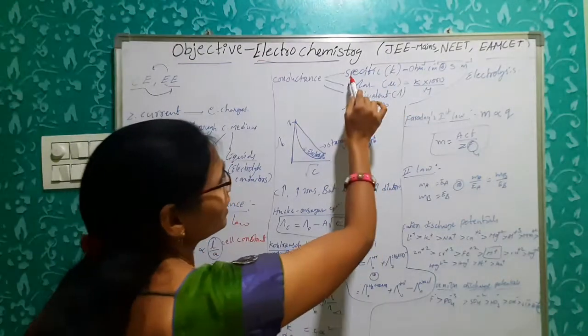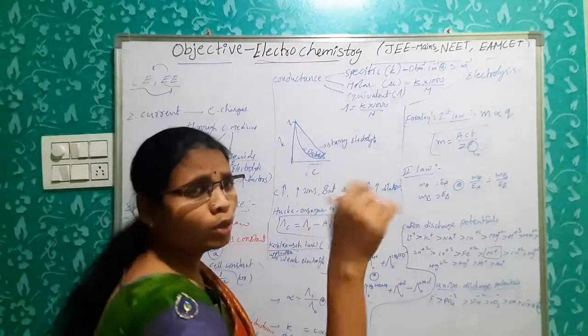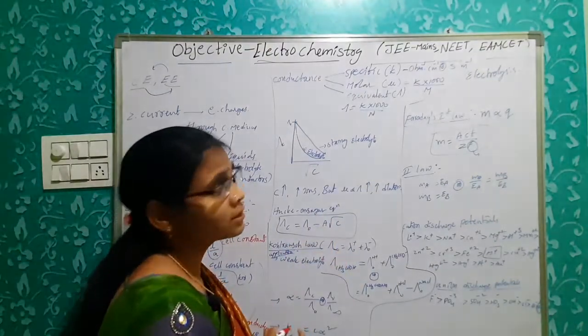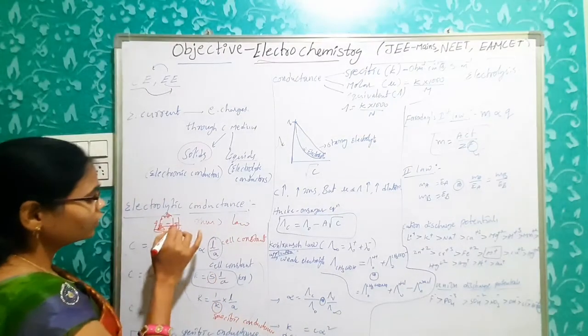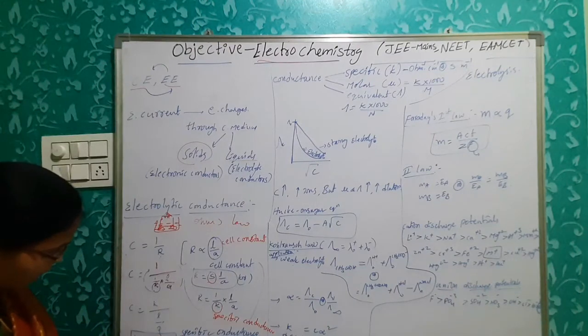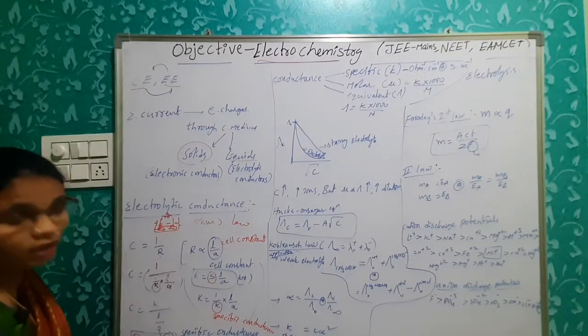Specific conductance is the conductance of a unit volume of a solution. By this formula, K is defined as the conductance of a unit volume of solution, meaning L is equal to 1 and A is equal to 1.